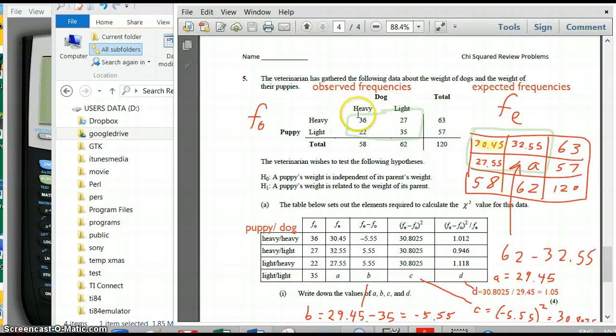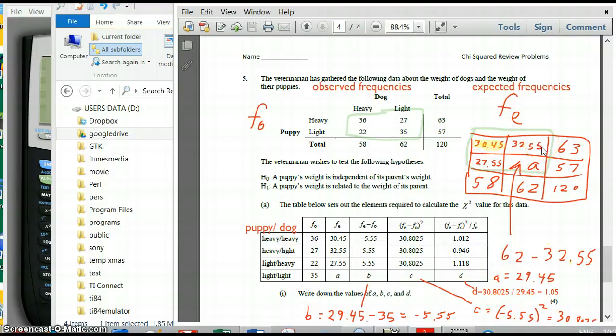observed frequencies. Okay, so let's say that the table that the problem gives you is 36, 27, 22, 35. Remember that whenever you have a table that they give you, there is also another table which your calculator calculates to get the chi-squared value, and that is the expected frequencies.